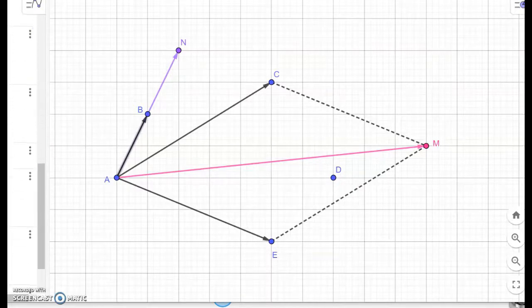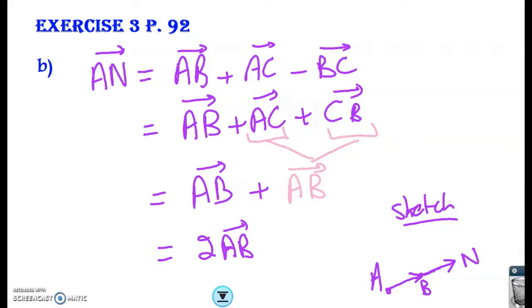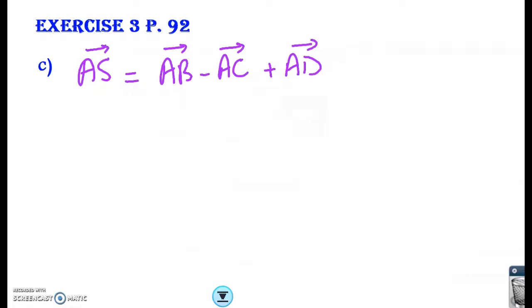Now we will move to the next part. Part C. We have AS equal to this, and we want to draw or construct S. So first let's try to simplify also.